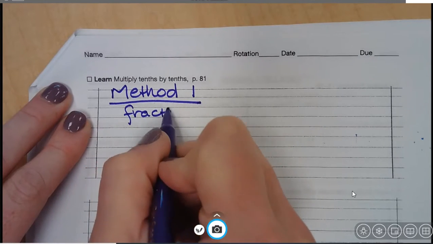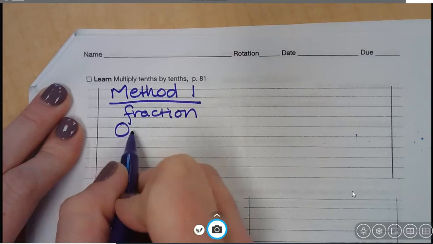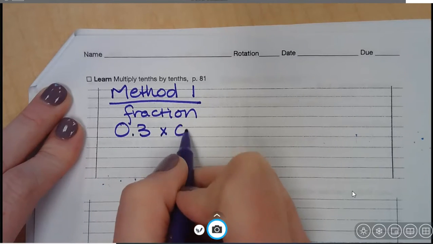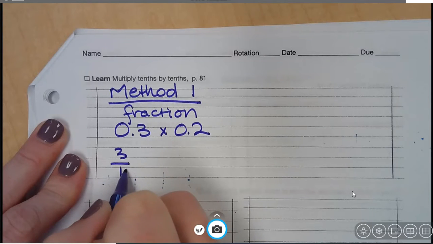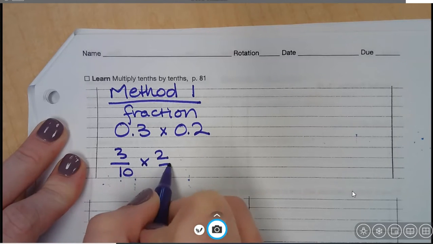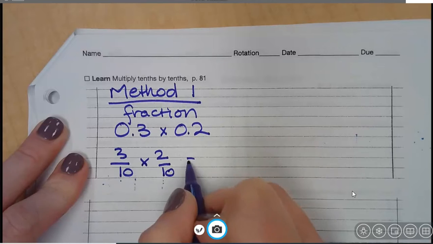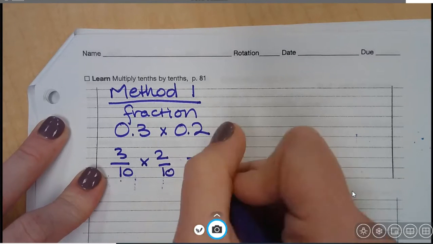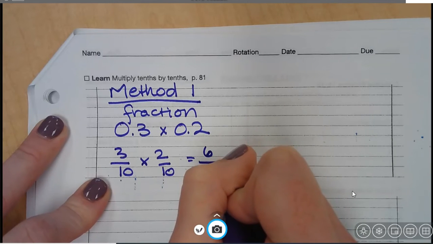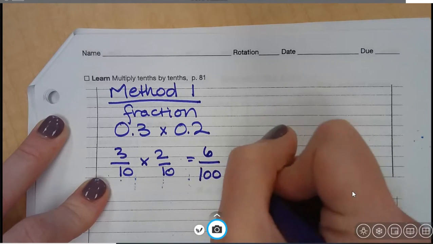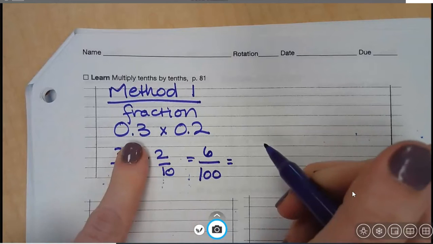So 3 times 2 is 6, don't add them, and then 10 times 10 is 100. And then since it was written as a decimal, yes, I could leave it as a fraction, but I need to change this back into a decimal. So if you're trying to solve from a decimal, your answer should be in decimal format. Just like if you started with a fraction, your answer should be in fraction format.